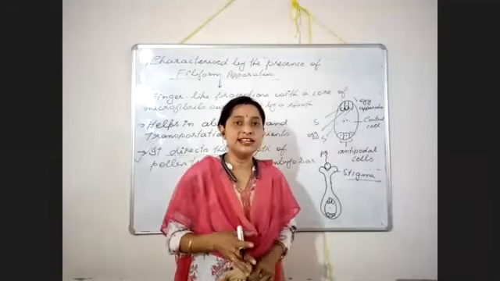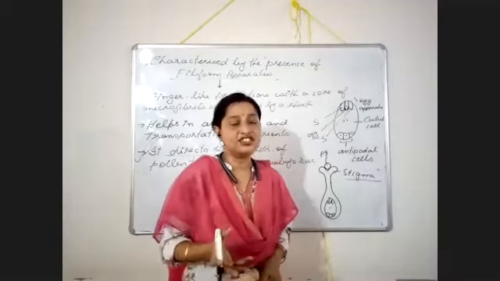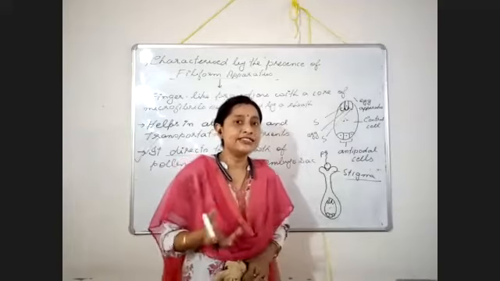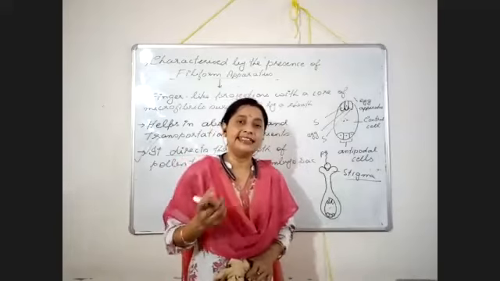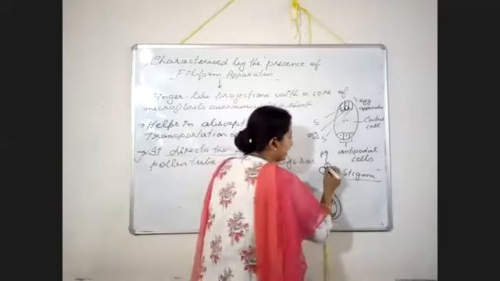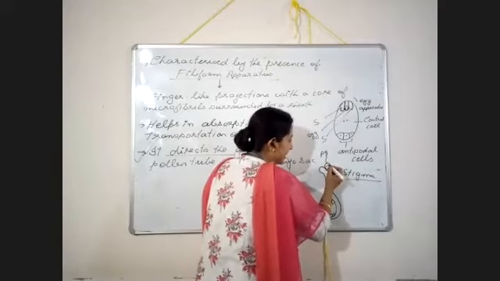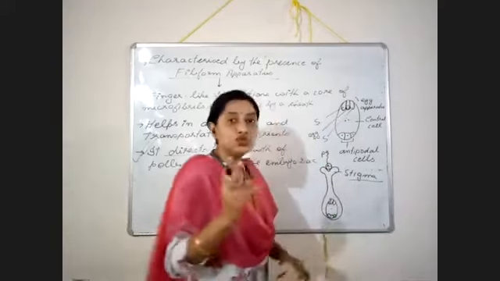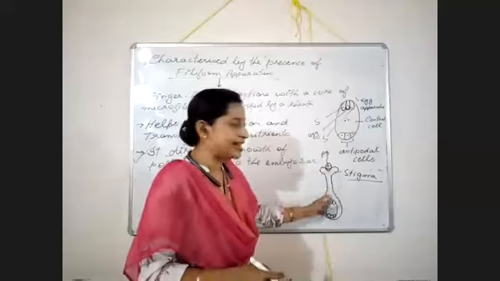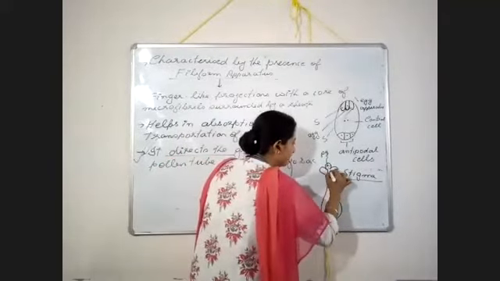What is most common in angiosperms is that pollen grains are generally shed in a 2-celled condition. What are the 2 cells? The generative cell and the tube cell. The generative cell will divide and form 2 male gametes, and the tube cell ultimately forms the pollen tube.